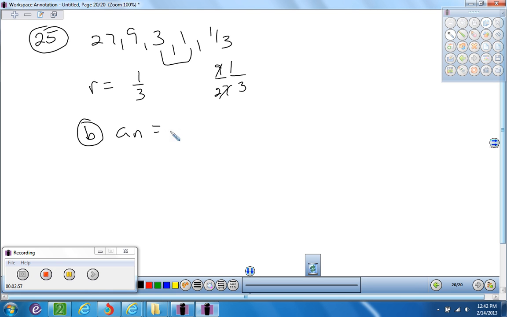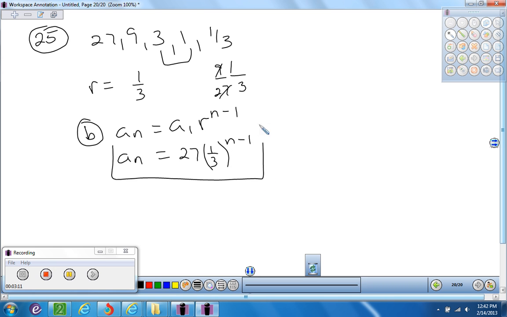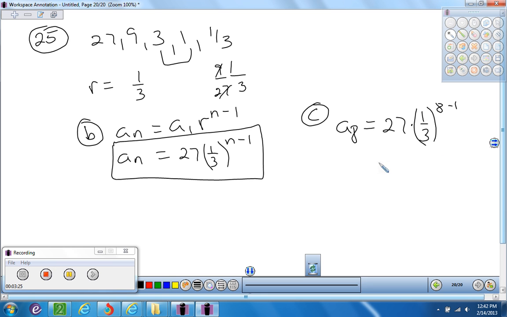So our general form again was a sub n is equal to a1 times r to the n minus 1. a1 is 27, r is 1/3, and we're taking that to the n minus 1 power. So that would be our function. Then we're going to plug in 8 to see what we get for our value. So a sub 8 is equal to 27 times 1/3 to the 8 minus 1. So we end up with 27 times 1/3 to the 7th power.